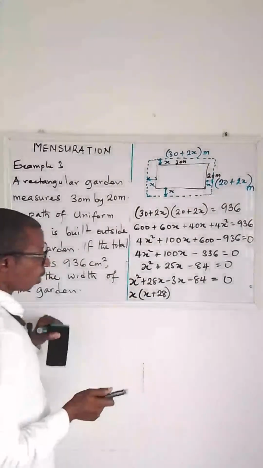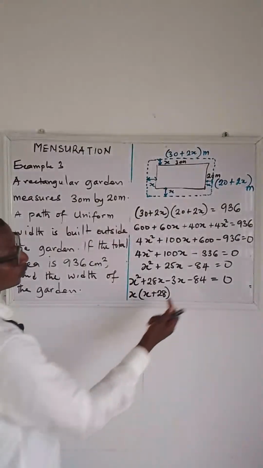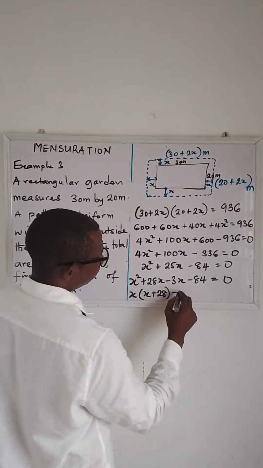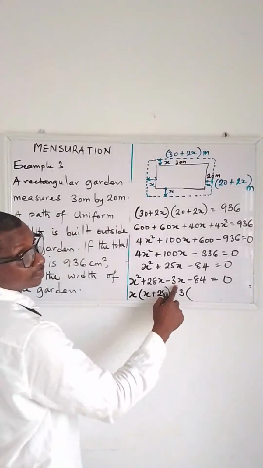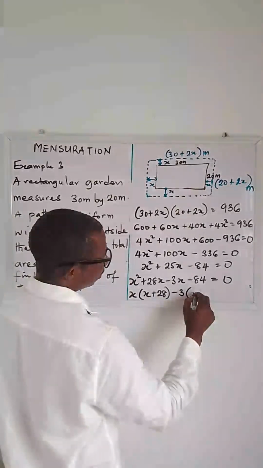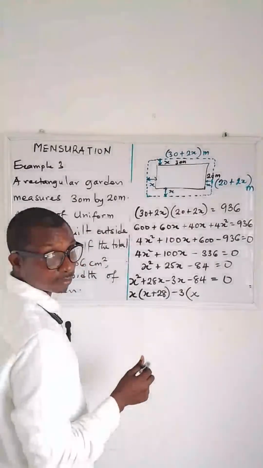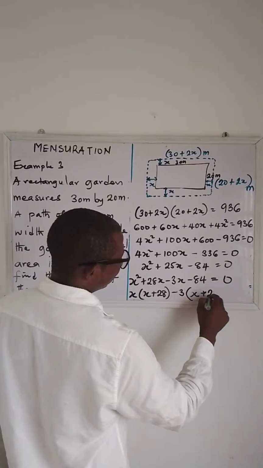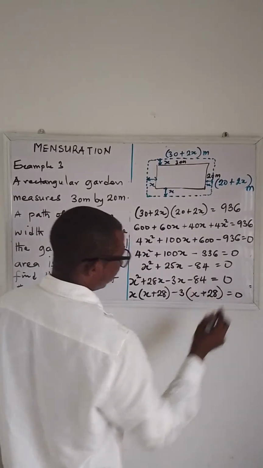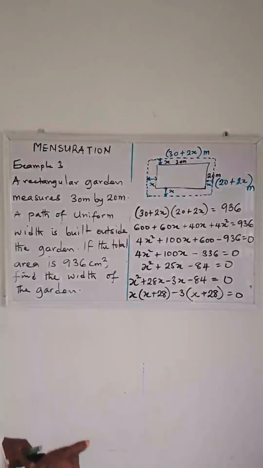Now here, the GCD is negative 3. You divide this by negative 3, you have x. You divide negative 84 by negative 3, you have positive 28, equals 0. So that's what we have.